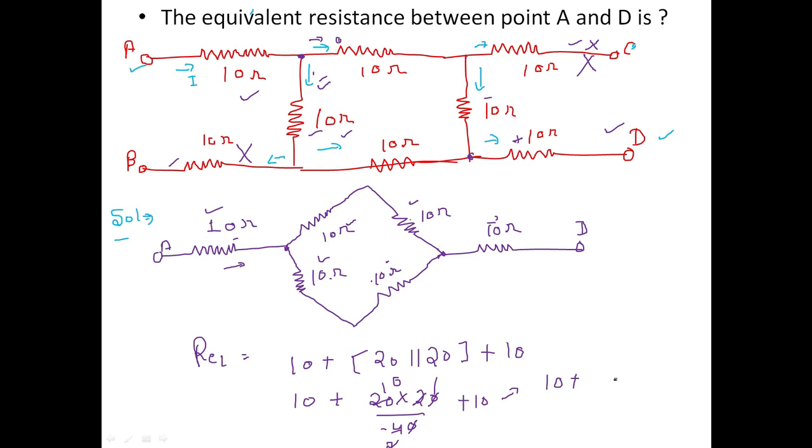So 10 plus 10 plus 10, that is 30 ohm. So it is our answer. The equivalent resistance between point A and point D is 30 ohm.